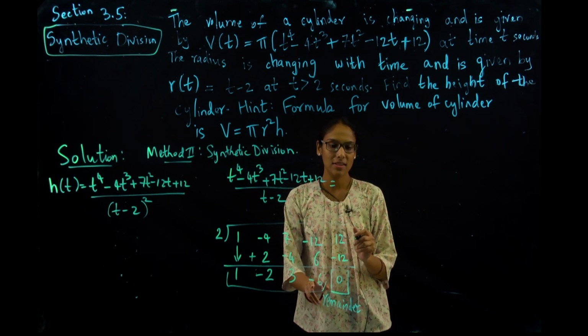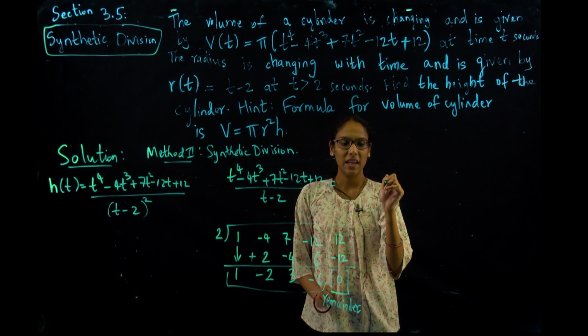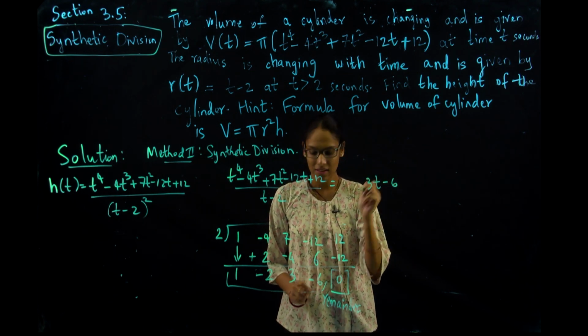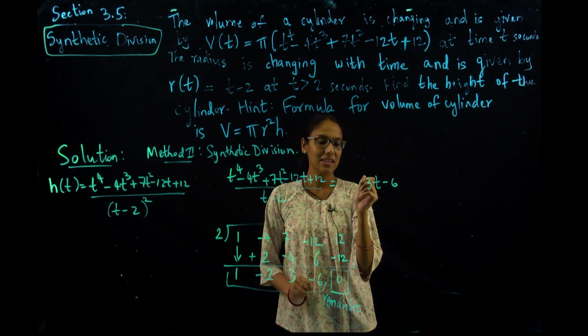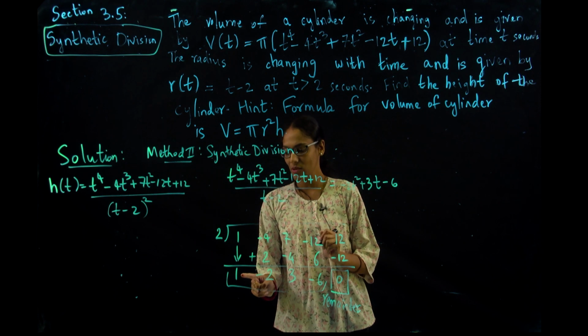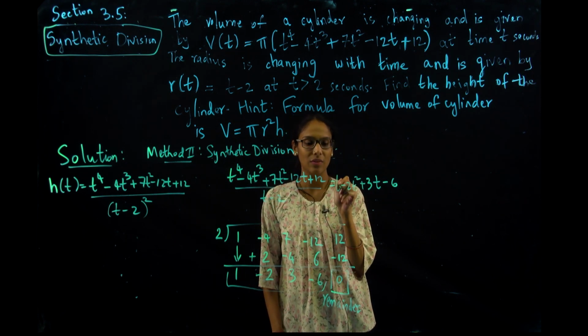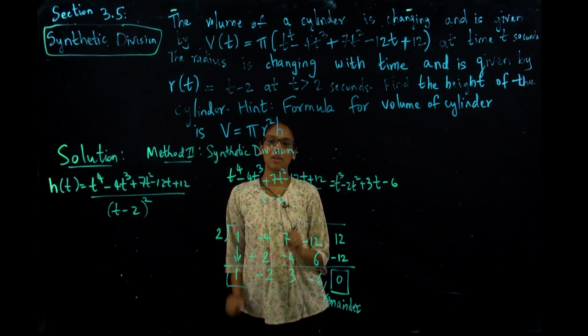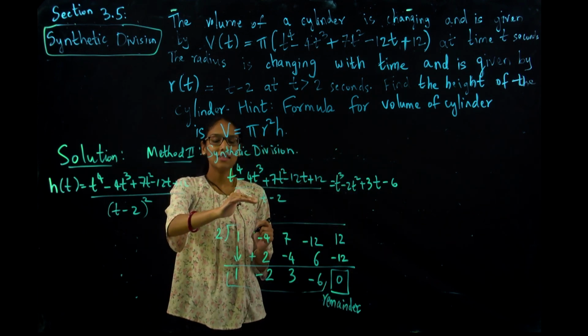This is the constant. So you have negative 6 followed by 3t followed by negative 2t squared. And lastly, you have a t cubed here. That is your quotient. So we did one step of the division.